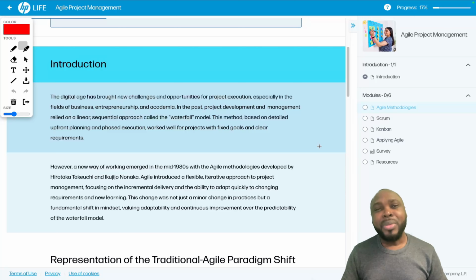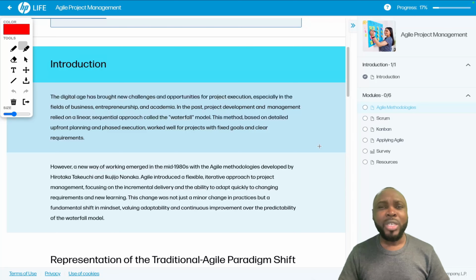You will agree with me that times have changed and technology has brought with it a lot of opportunities, but alongside a lot of challenges in all areas of life, and project management is not an exception. So before now, projects were being managed using the linear method, also called the waterfall or predictive model.